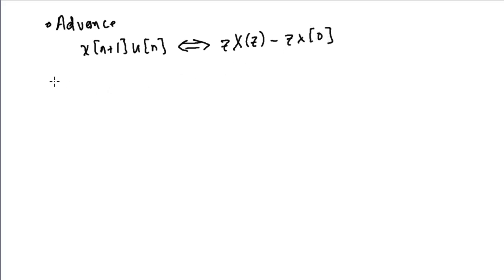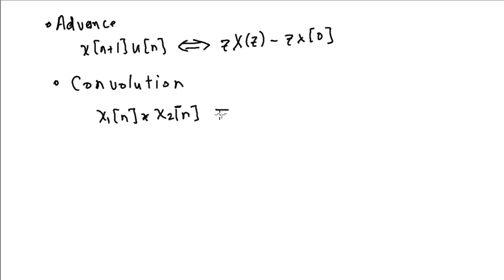One final property, which will be really important in finding the forced response or the zero state response of our discrete time systems, is convolution, and you can probably guess at this point that the convolution of two sequences transforms into, no surprise, the product of the corresponding Z-transforms.